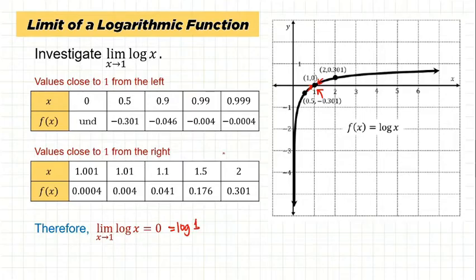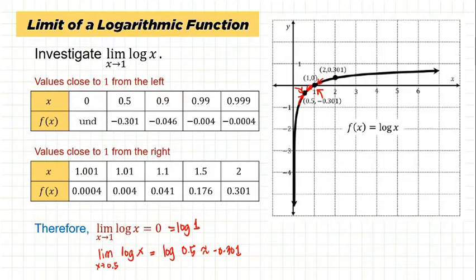Observe also that the limit of log of x as x approaches 0.5 is the same as log of 0.5. We can see here that the point is shaded, right? So 0.5 is included in the domain and the value is approximately equal to negative 0.301, right?